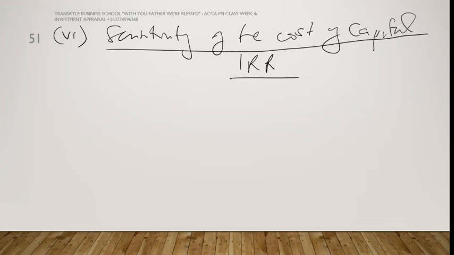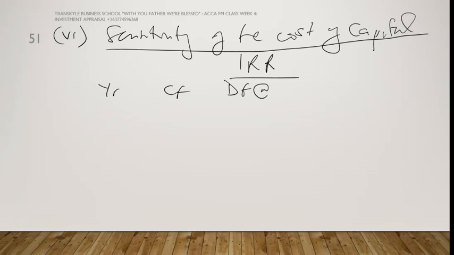So let's have our NPV table. We have got the year, the cash flow, and the discount factor. Because we have already determined that at the rate of 15% we get a positive NPV, we want a higher rate.